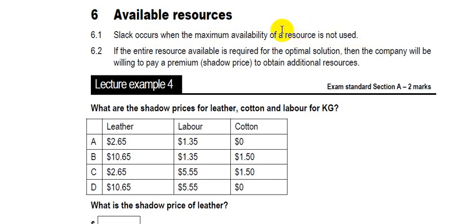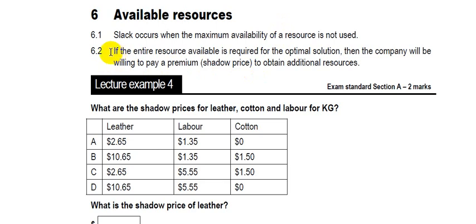If after taking into account the demands and the limiting factors, not all of the resources of what you thought was a limiting factor has been utilized, then that amount which has not been utilized is known as slack.